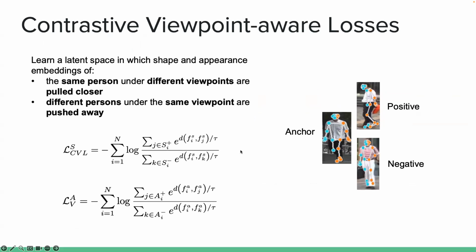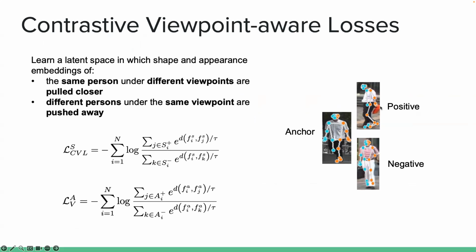To guide model training for learning a latent space in which the shape and the appearance embeddings of the same person under different viewpoints are pulled closer, and different persons under the same viewpoint are pushed away, we design the contrastive viewpoint-aware losses. These losses are based on contrastive learning, in which we are given an anchor.